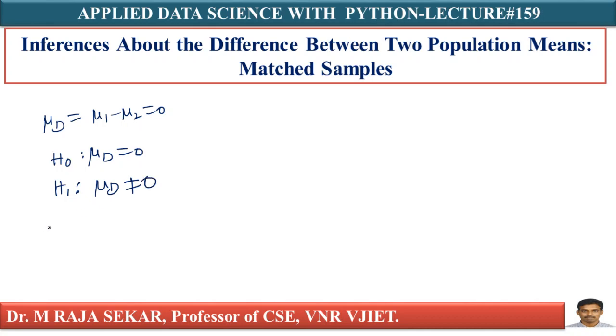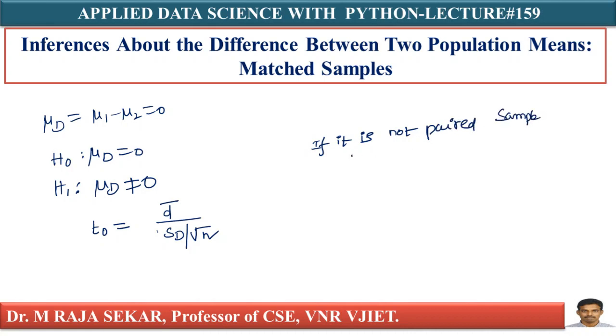The test statistic T naught is equal to d bar by SD by root n. If it is not a paired sample, what is my formula?